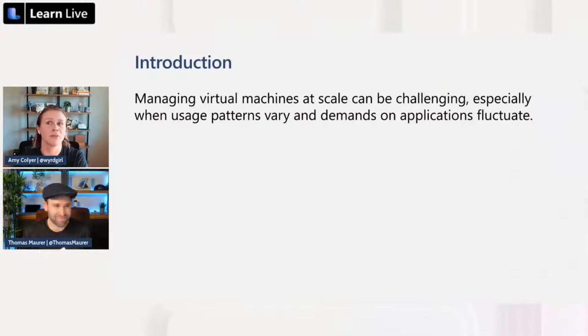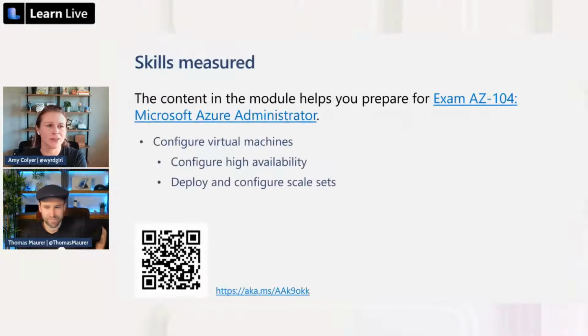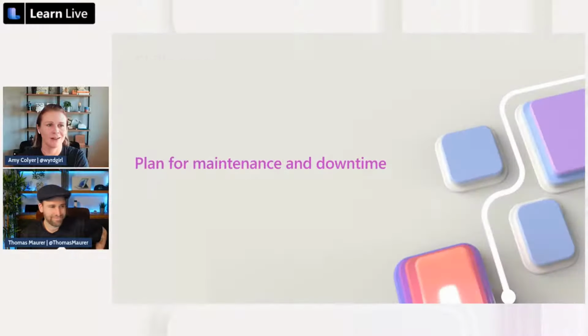Right. And availability sets, which we're going to get into, are a nice, easy way to start creating some redundancy, just like on premises. As we mentioned, the exam AZ-104, this covers a portion of it. You need to plan for maintenance and downtime, whether it's scheduled or unexpected.